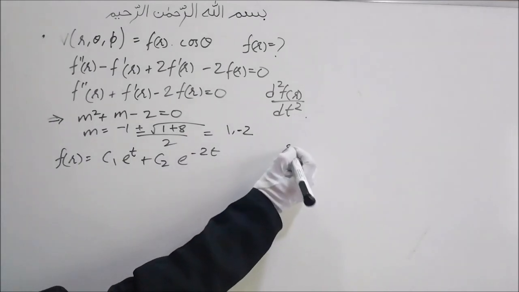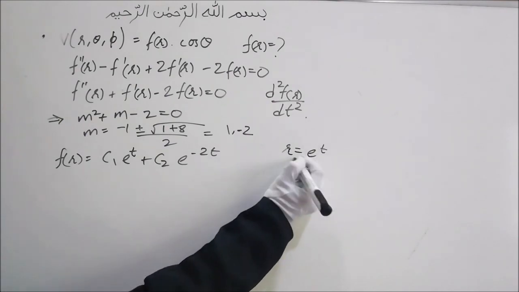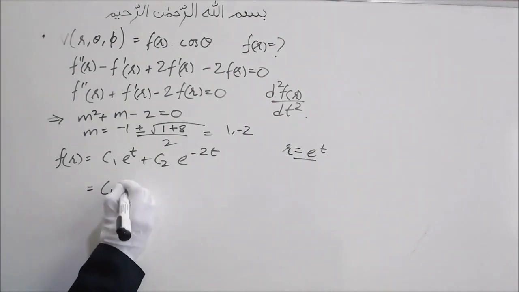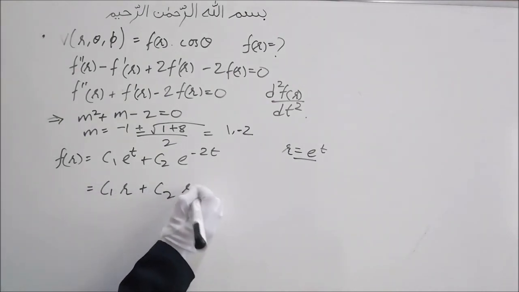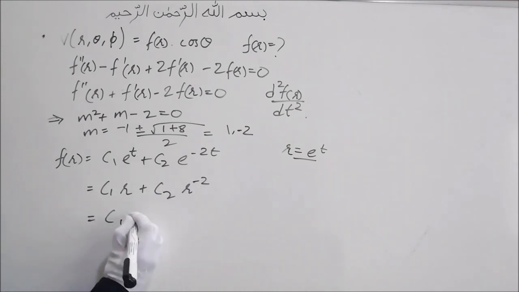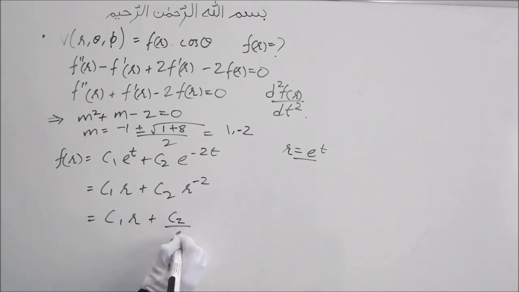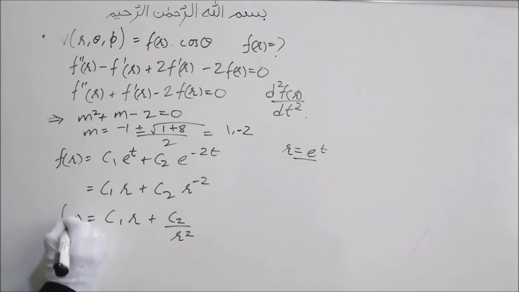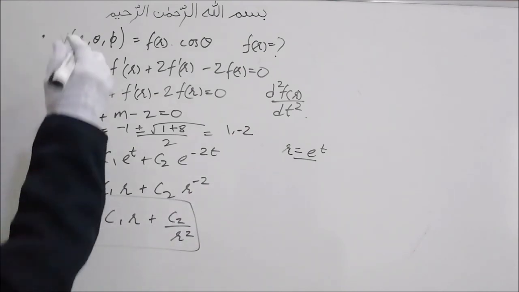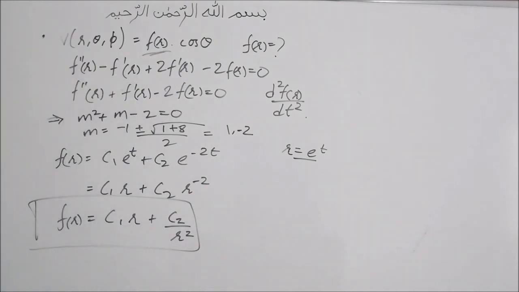But we have already seen that we substituted R as e raised to t. So we'll have c1 R plus c2 R raised to minus 2, that is c1 R plus c2 upon R square. This is our F of R in this equation when there are no charges. So this is our solution.